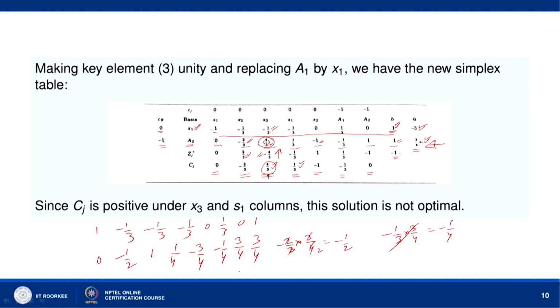Now, what we do with the help of this one, we make this element 0. So, we multiply this row by 1 by 3 and add to that row. So, what we will get? 1, 0 into 1 by 3, we add to this, it will remain 1. Then we multiply by 1 by 3 and add to that. So, minus 1 by 3, then we have minus 1 by 6.